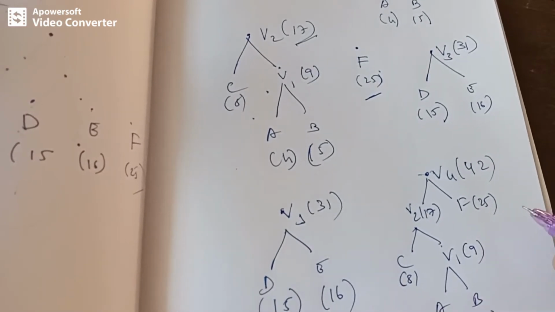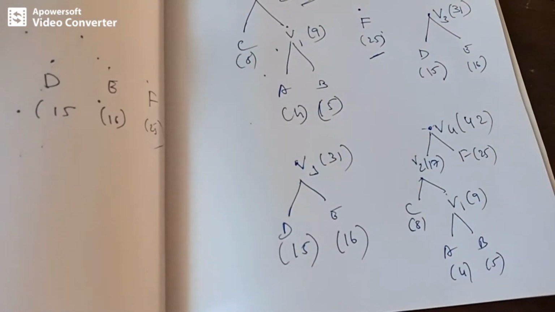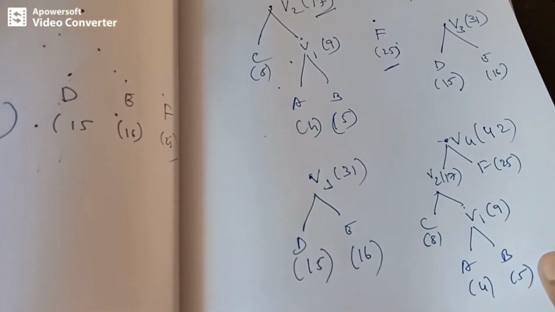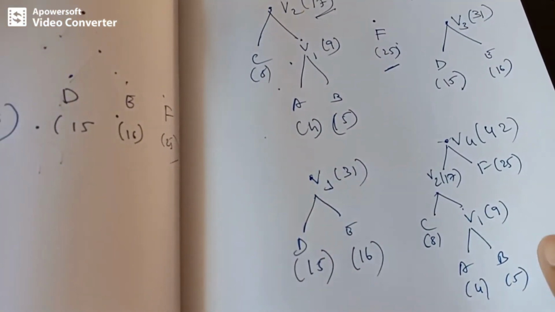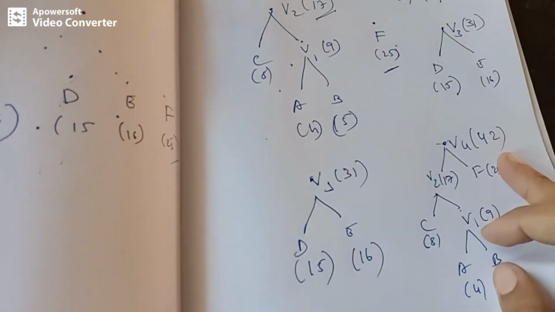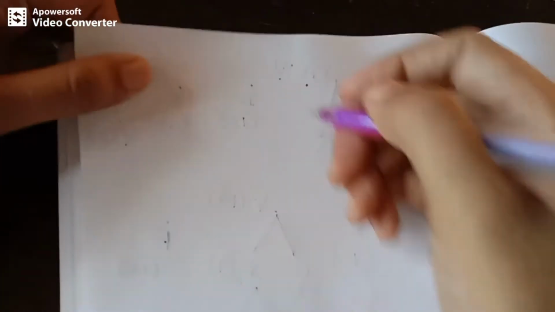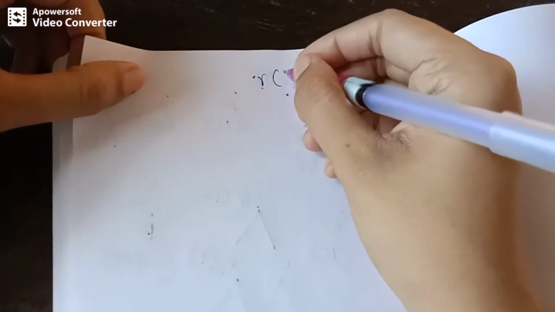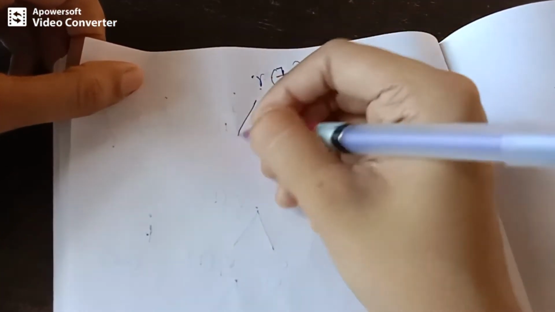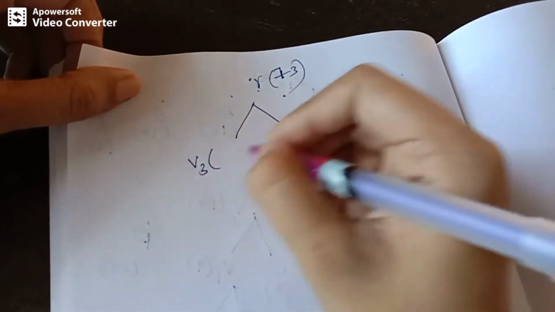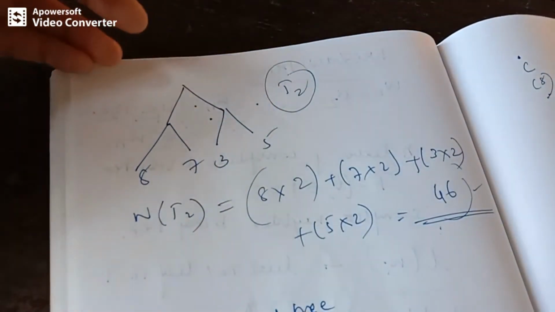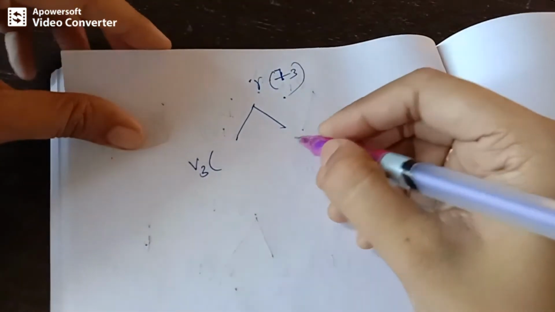Okay, so we have got two trees. At the end we are going to get a single root. So the sum of these two, 31 and 42, will be 73. That will be the root weight, 73, and its children are vertex V3 and vertex V4.